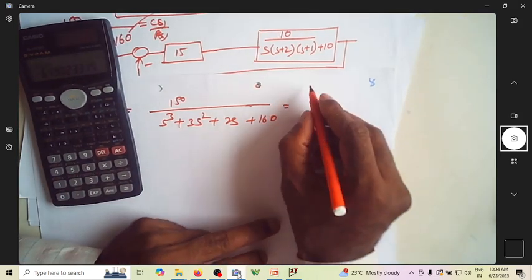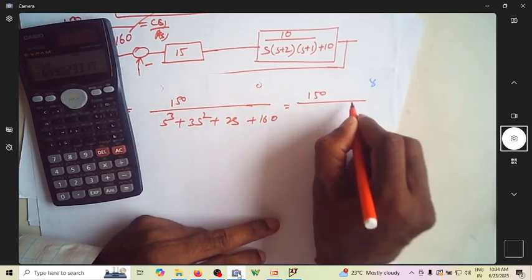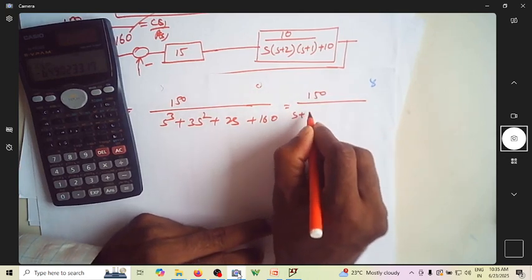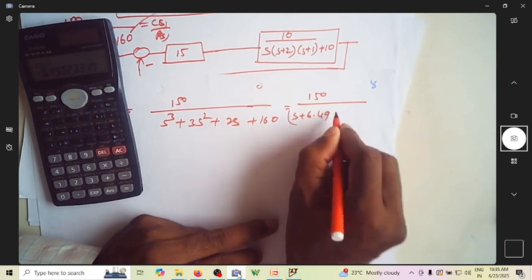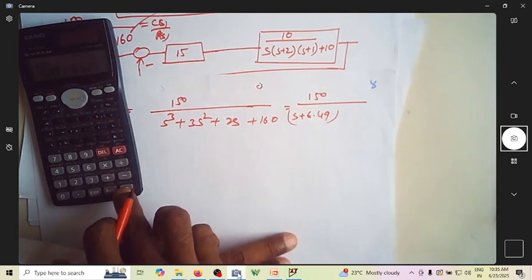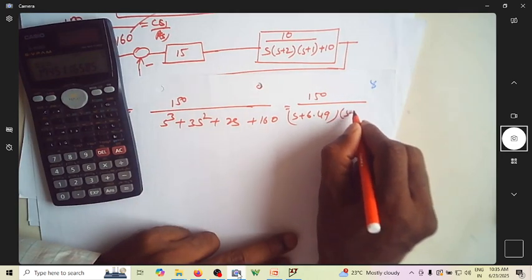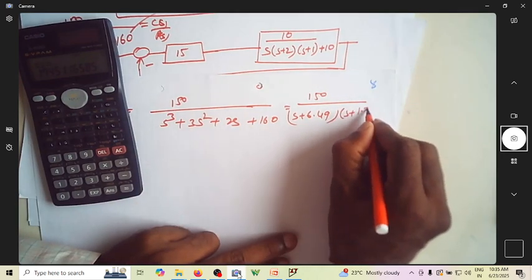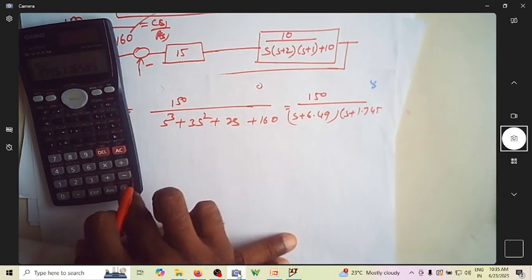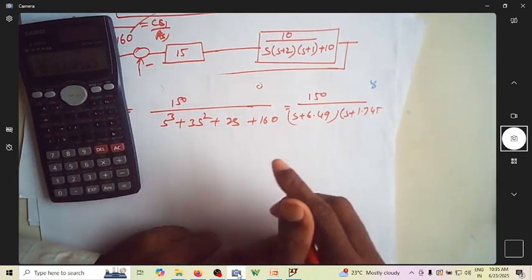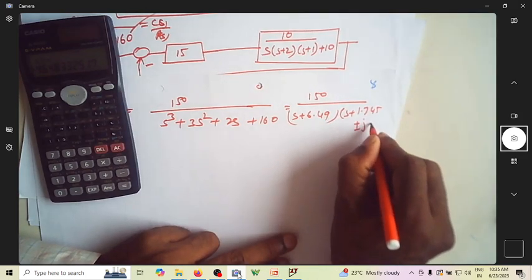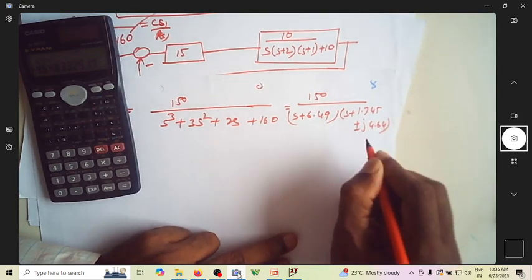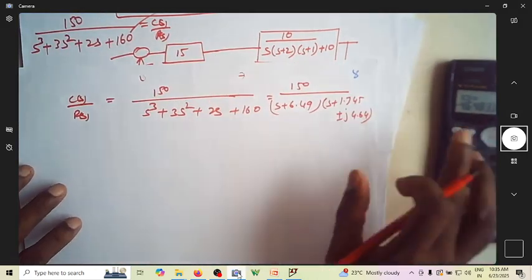I have roots, which is 150 divided by (s plus 6.49)(s plus 1.745 plus or minus j 4.64). So I have the poles.